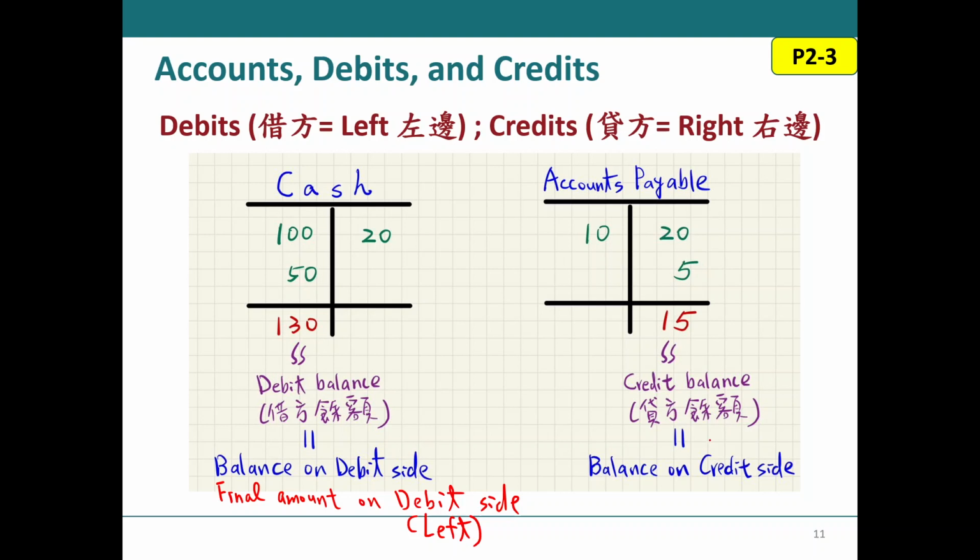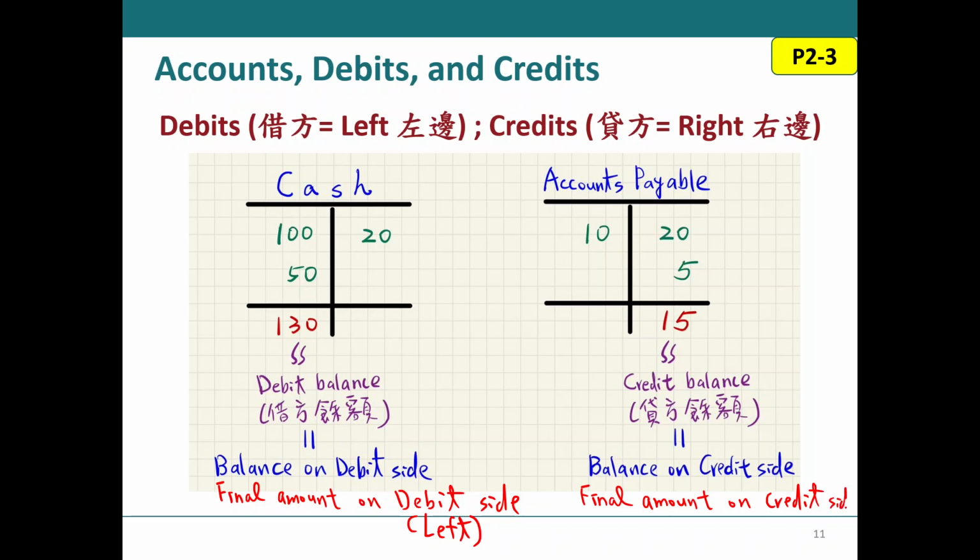Okay? When you find your final amount on the credit side, we call it credit balance. 贷方余额 means your balance on the credit side, the final amount on the credit side.